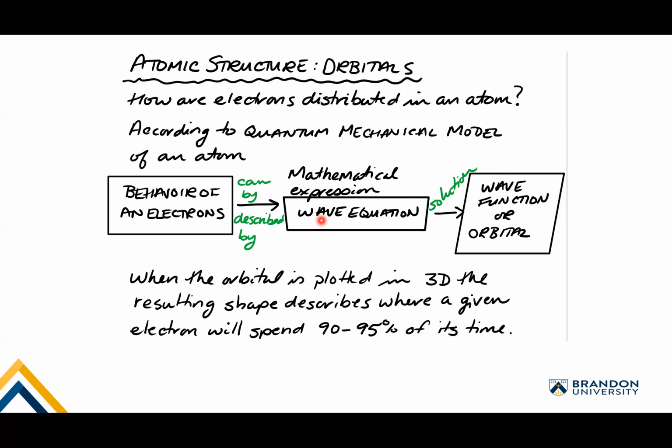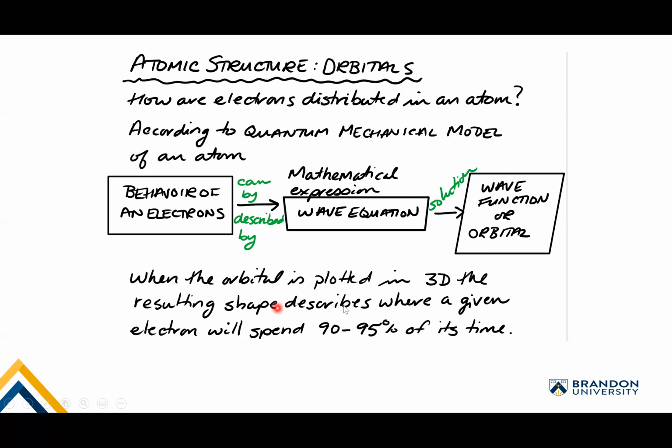But also, conceptually, it's quite difficult to wrap your head around it. So the solution to this wave equation is what we call a wave function or an orbital. And the nice thing about these is that you can visualize them really simply.